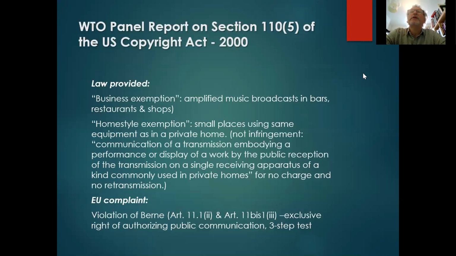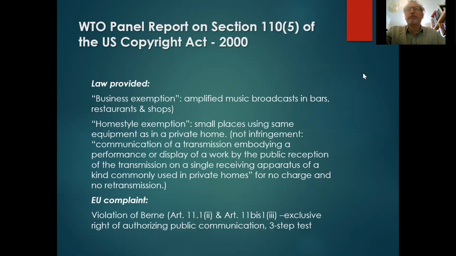So as long as the exception to rights was confined to these smaller places, then the US law was compliant. But the broad exemption, no, it was not compliant. So the United States, since then, through arbitration, has a compensation scheme, because the United States has not, in 20 years, changed its copyright law.